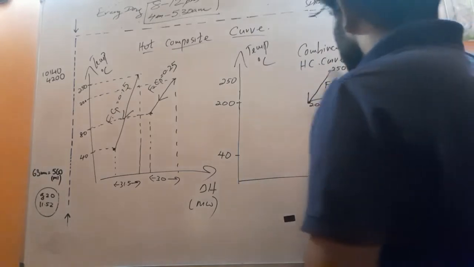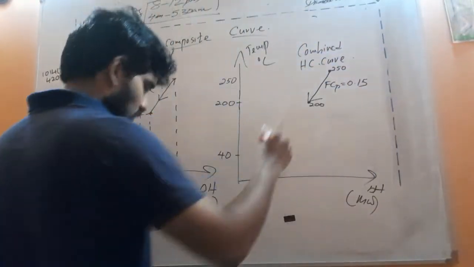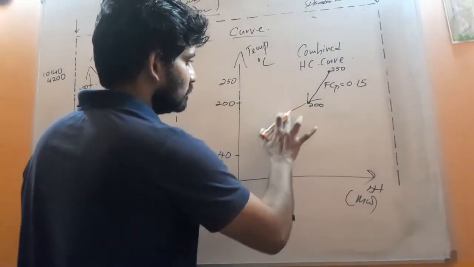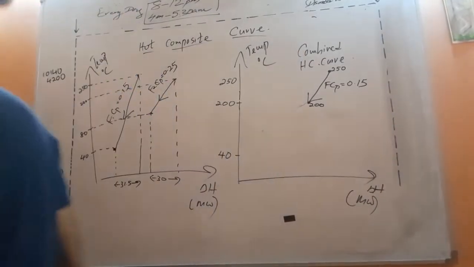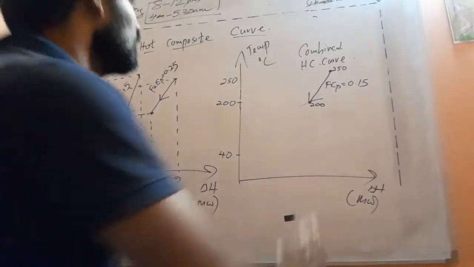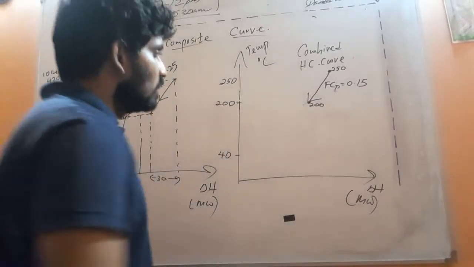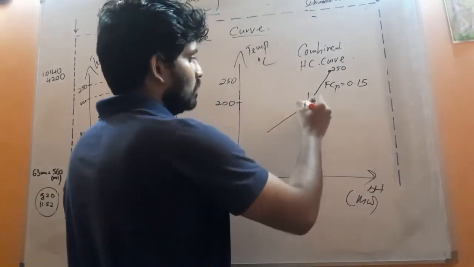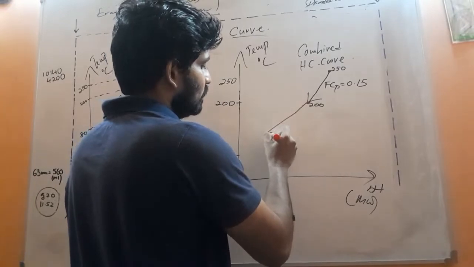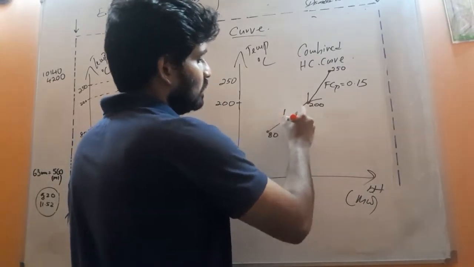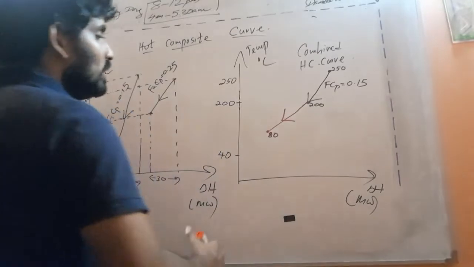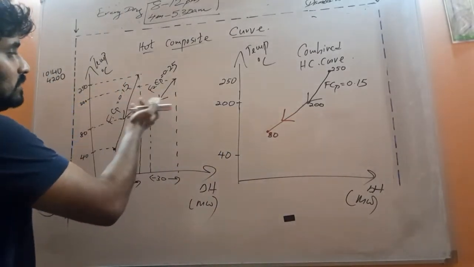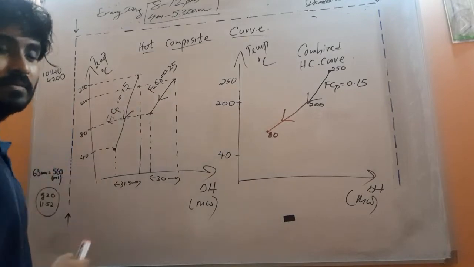So now from 200 to 80, let's sketch it. 200 to 80, that's the direction. 200 to 80 you can reach by the combination of both these lines, right?